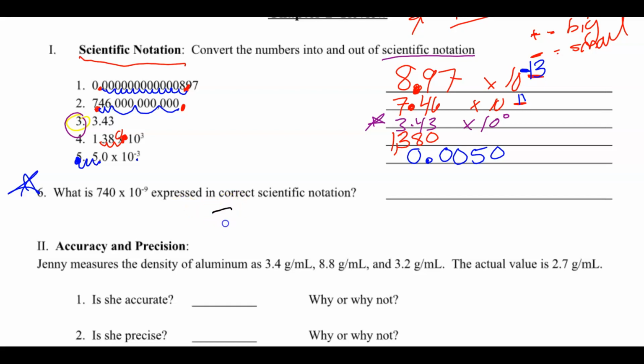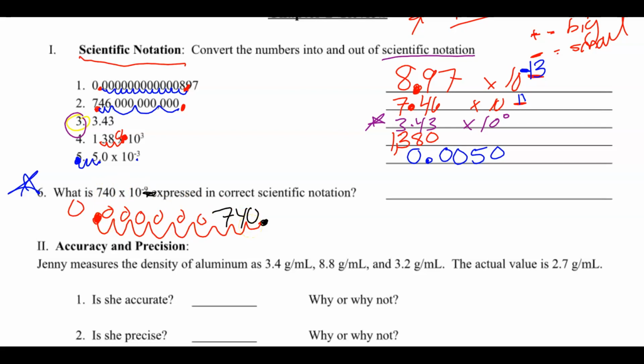So if we have 740, decimal's right here, let's put it out in standard form. So we're going to go 1, 2, 3, 4, 5, 6, 7, 8, 9. There's my new decimal, and I'm going to fill in all my little placeholder zeros here. Okay, so can you see that this is that number in standard form now?